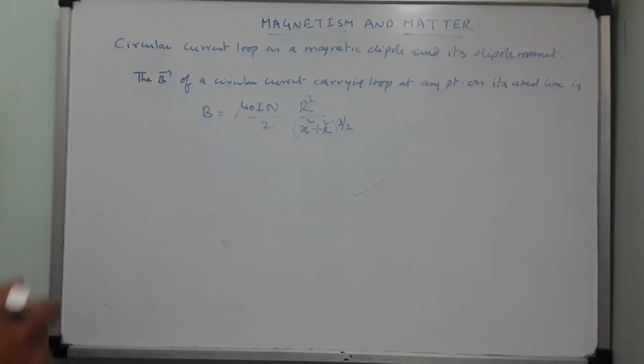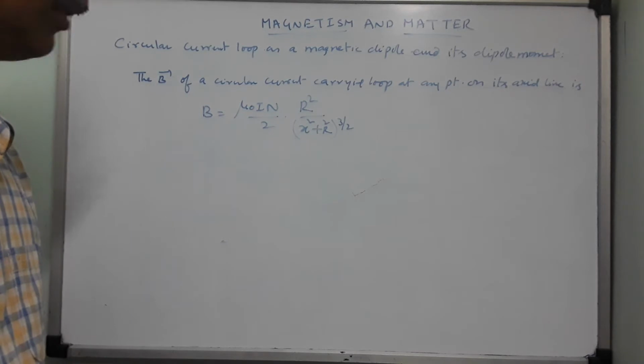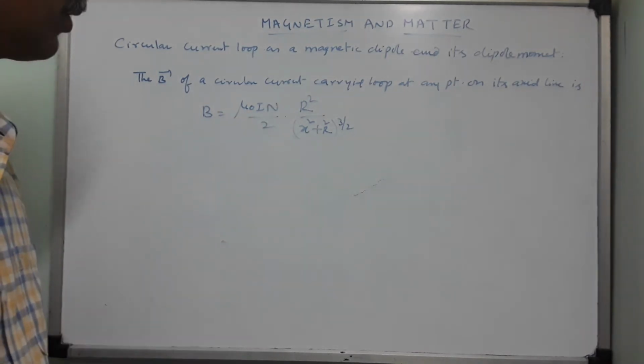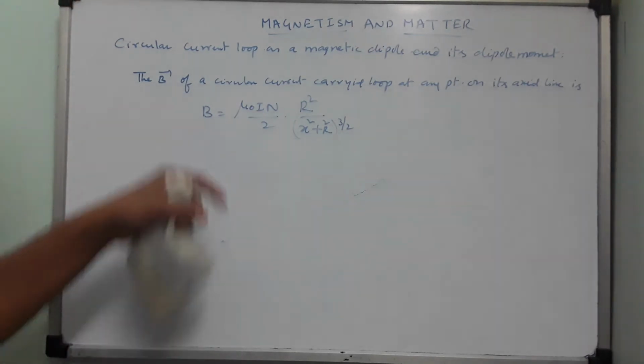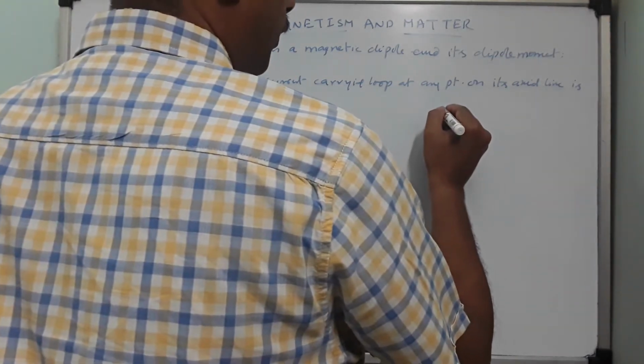Where R is the radius of the circular coil, X is the distance of point P on the axis from the center of the coil, where N is the number of turns, I is the current passing in the loop. And this is the expression for magnetic field. If you look at the diagram was drawn like this.